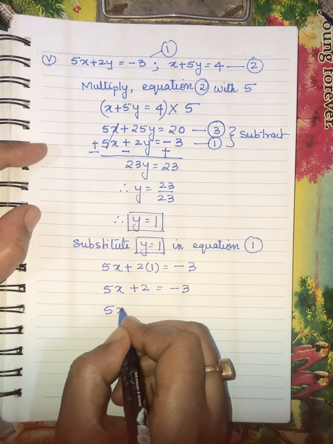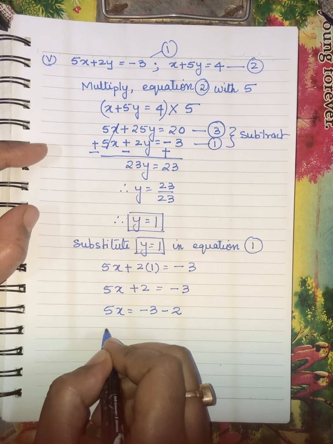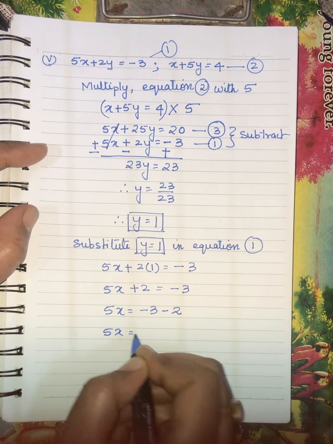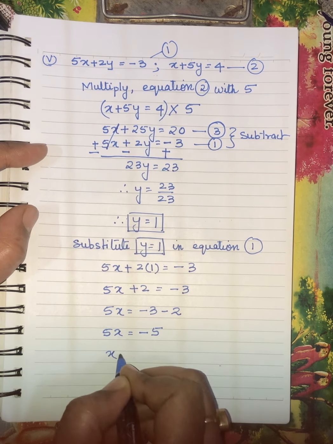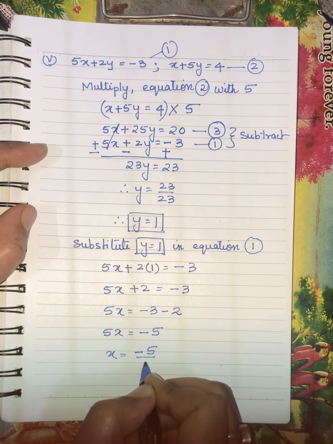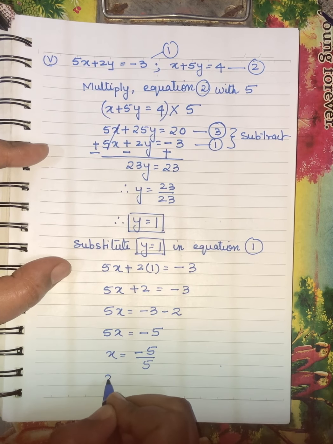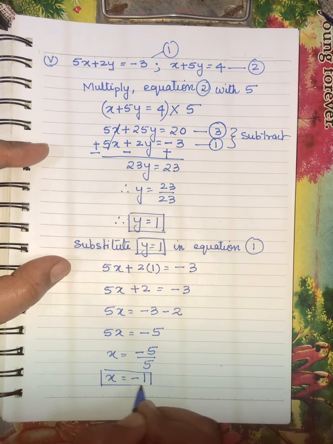So 5x is equal to minus 3 minus 2. 5x is equal to minus 5. So x is equal to minus 5 upon 5, that is x is equal to minus 1.